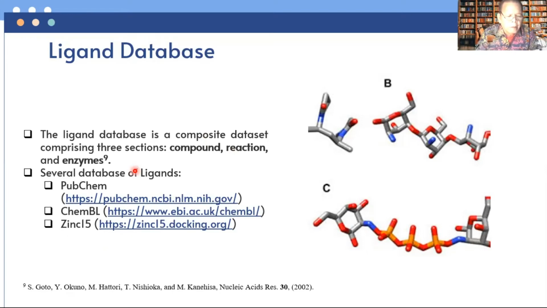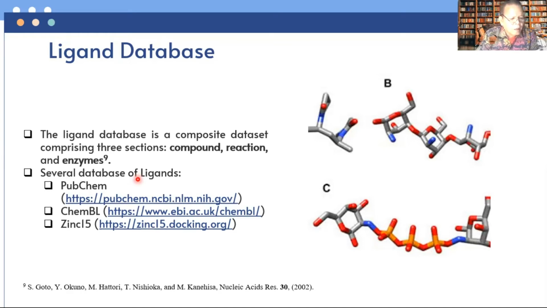The Ligand Database is a composite database comprising three sections: compound, for information about metabolites and other chemical compounds; reaction, for a collection of substrate-product relationships representing metabolic and other reactions; and enzyme, for information about enzyme molecules.